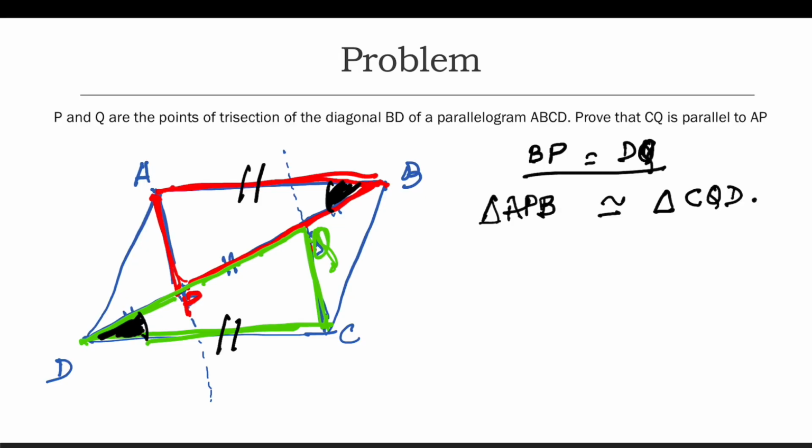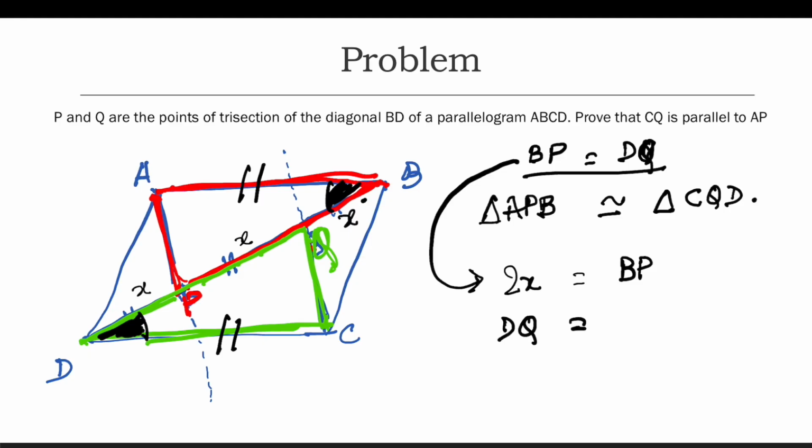Now, is BP equal to DQ? Yes, BP is equal to DQ, because let's say DP is X, PQ is X, and QB is X. It is trisecting, right? So what would be BP? BP will be X plus X, 2X. And what would be DQ? DQ again would be X plus X, 2X.